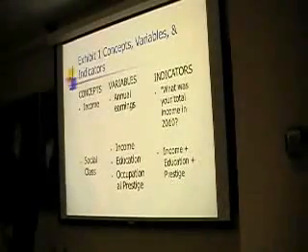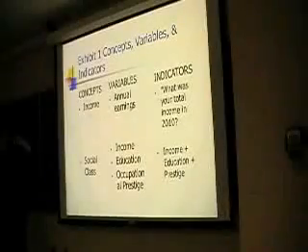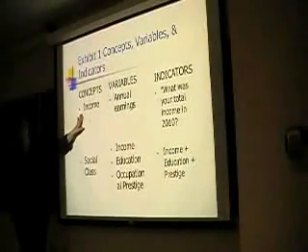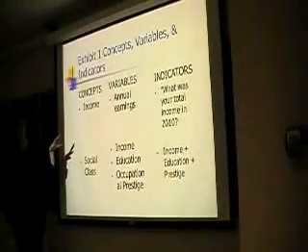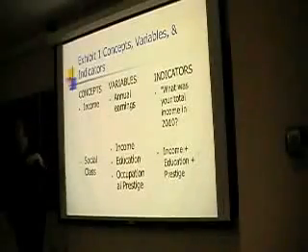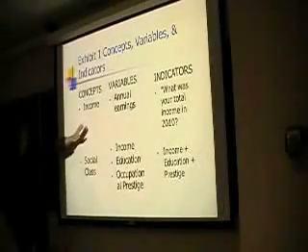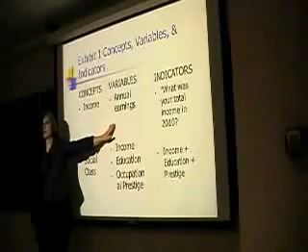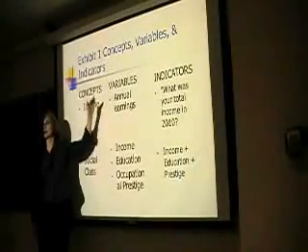We literally do go through this process of identifying what the concepts are going to be, reading the literature, seeing how other people have used those concepts, to thinking about what the actual variables would be, the things that we can measure, the things that actually vary.